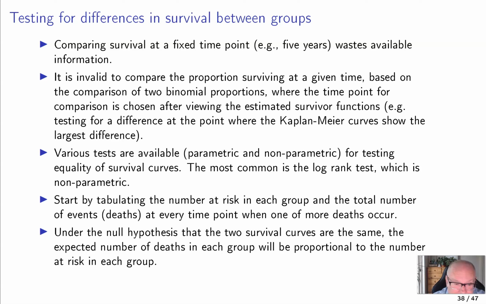We tabulate the number at risk and the number of events, of deaths, at every time point. Now, under the null hypothesis that the two survival curves are the same, the expected number of deaths in each group will be proportional to the number at risk in each group.